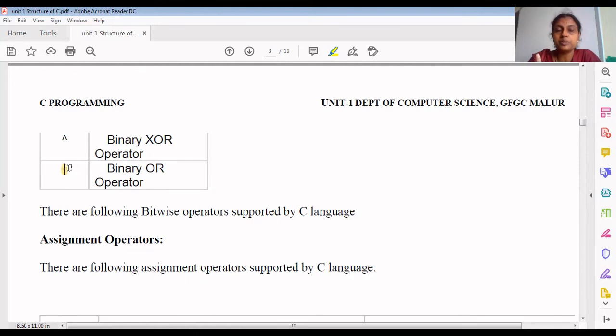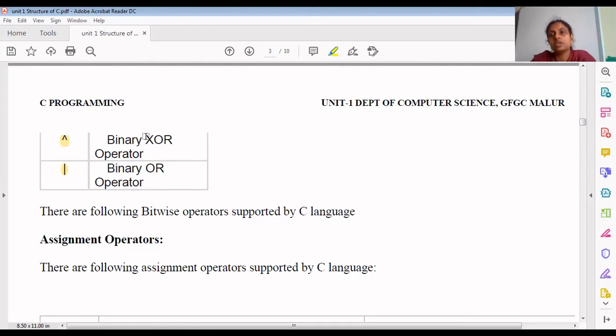If I put the pipe symbol only 1 time, it is binary or. Same condition: when I have a set of conditions and any one condition is true in binary numbers, then my binary or will be true. Then binary XOR will be the reverse of this, but we very rarely use this operator. At least you should know the symbols, that's all.